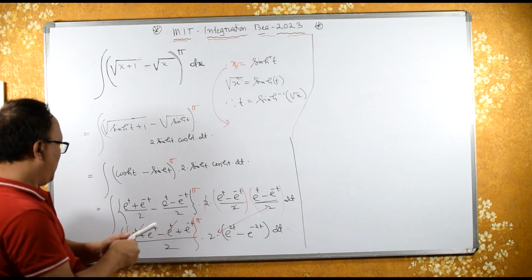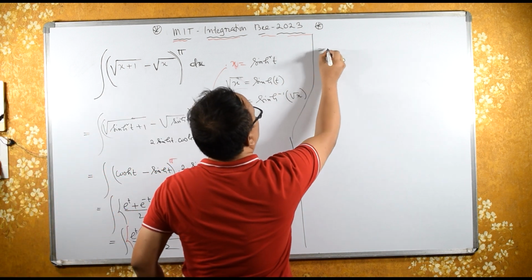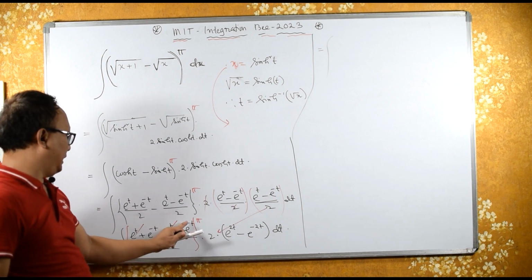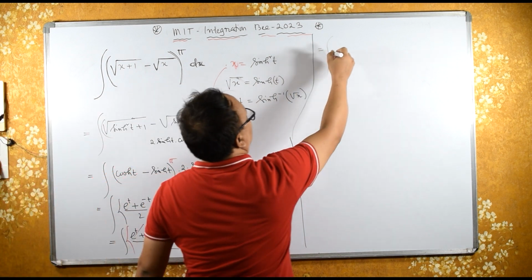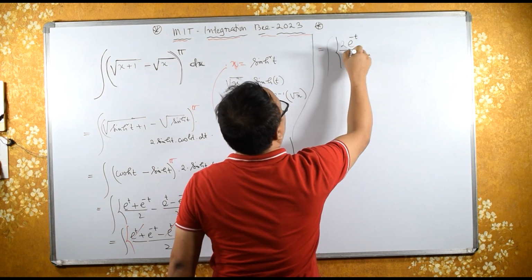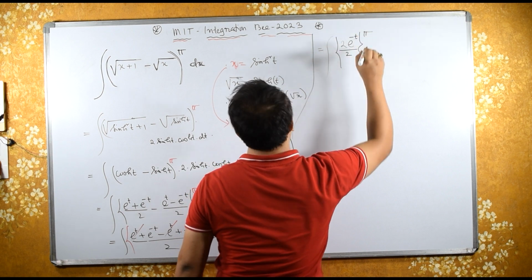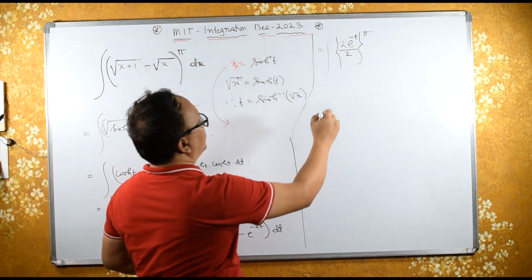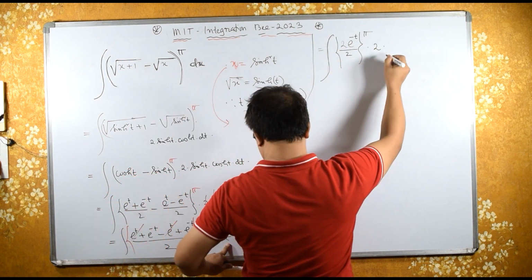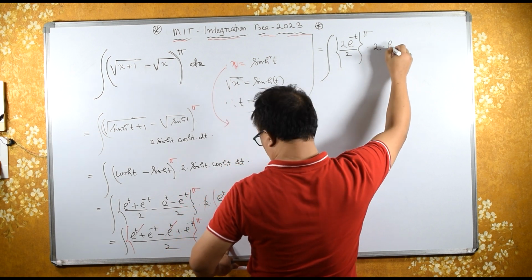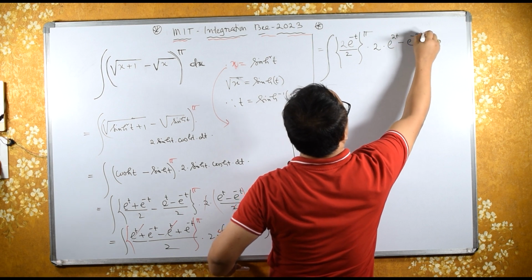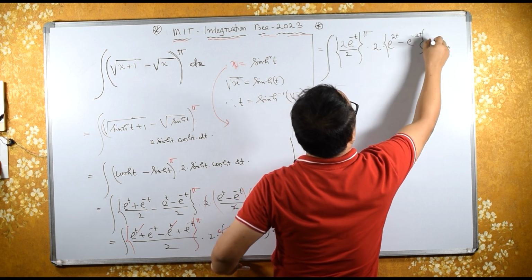Now this is equal to the integral; e raised to minus t is twice e raised to minus t upon 2 raised to pi, and 2 into e raised to 2t minus e raised to minus 2t dt.